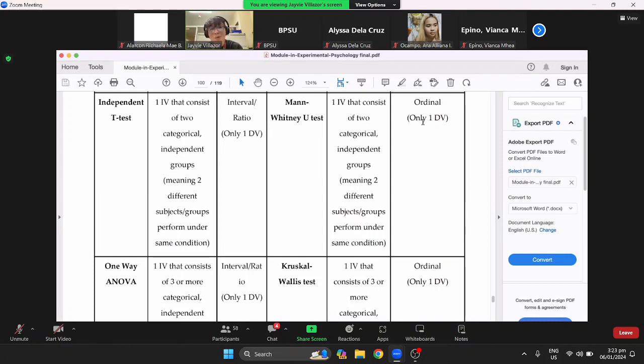Meaning, ang dalawang grupo na kukunin mo ay totally unrelated from one another. Okay? At ang dependent variable mo, how many? 1. What type of scale of measurement? Interval or ratio. Okay? So, I hope guys nagkakaunawaan tayo.